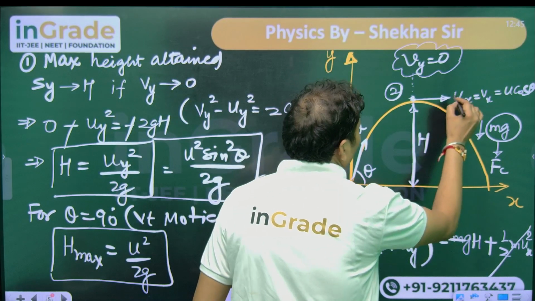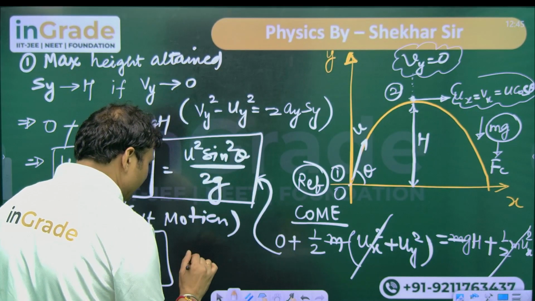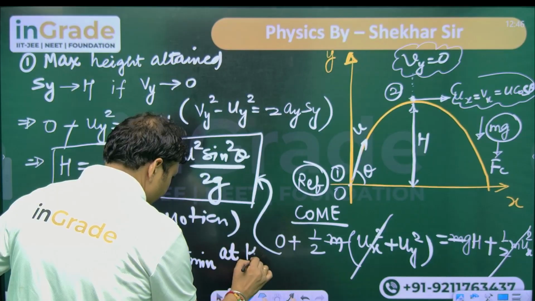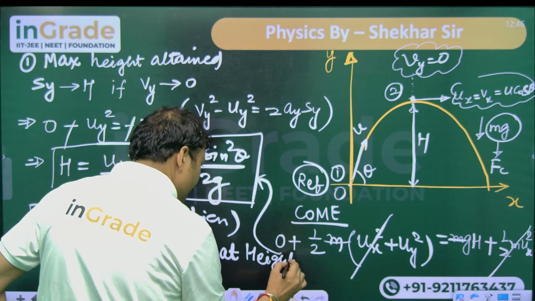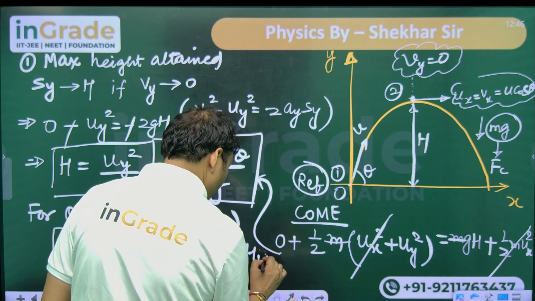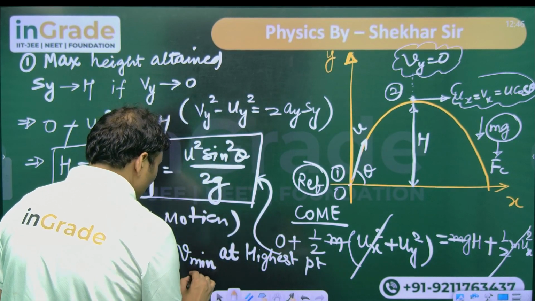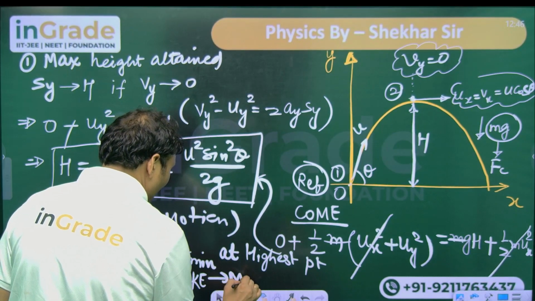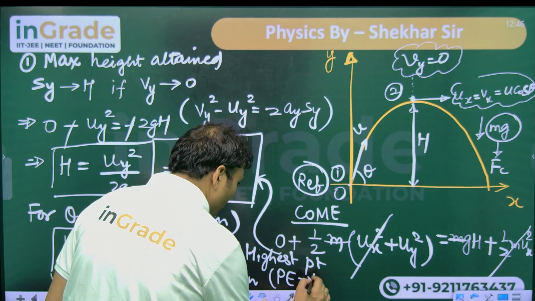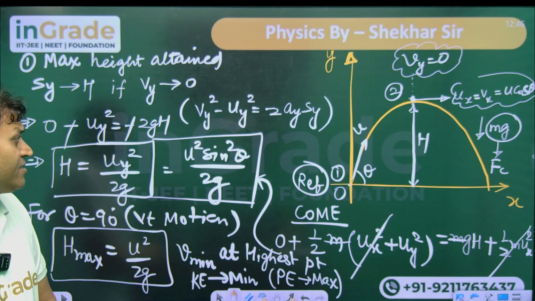Now, because the velocity is minimum at the highest point, kinetic energy will also be minimum, or we can say potential energy will be maximum, because the total mechanical energy of the particle remains constant.